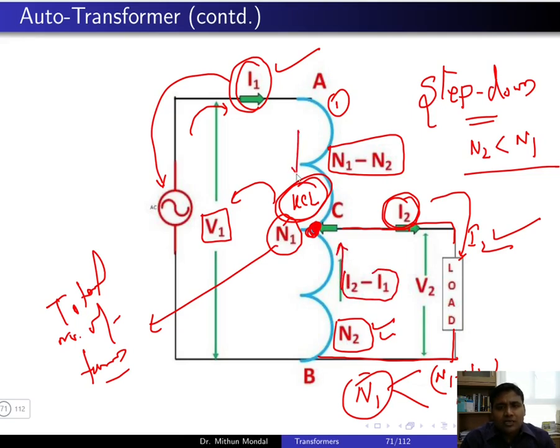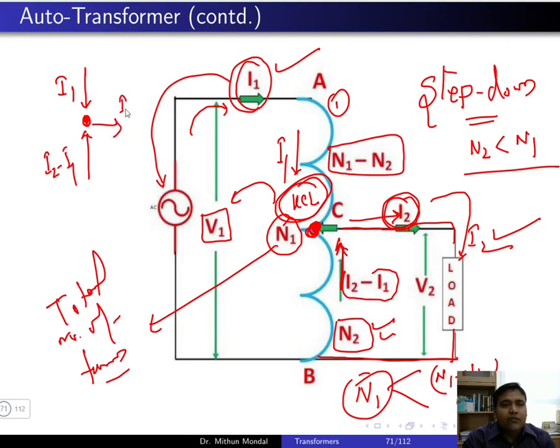Because in this direction you have I1 and in this direction you have I2 minus I1, whereas I2 flows in this direction. So at this point, the current entering is I1, here the current entering is I2 minus I1, whereas I2 is the current leaving here. So I1 is the current of the primary which is connected to the source.